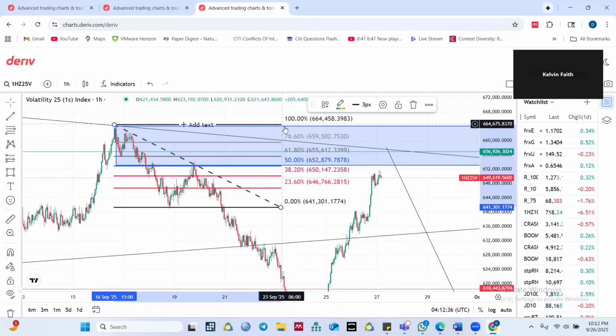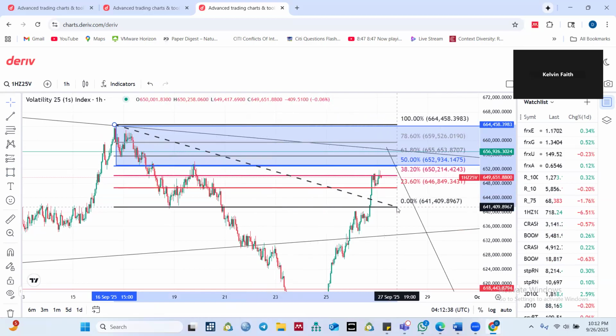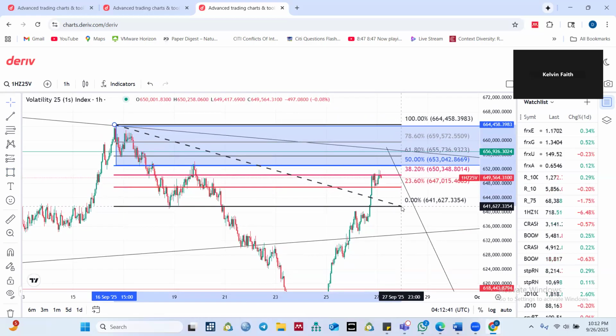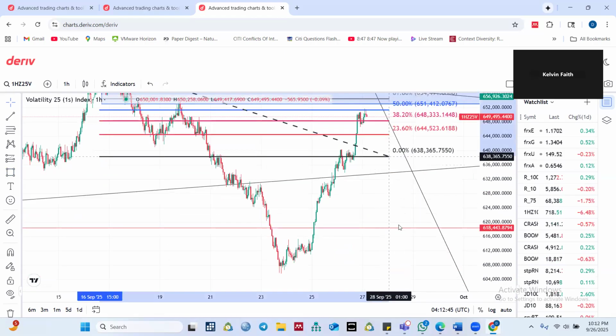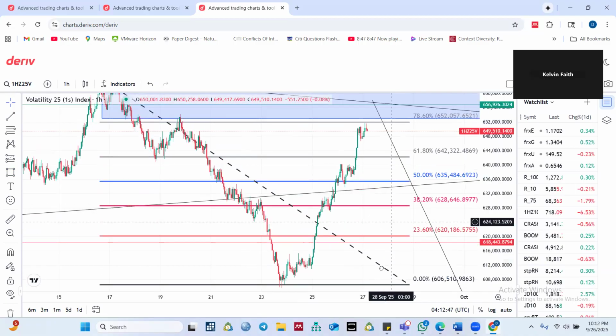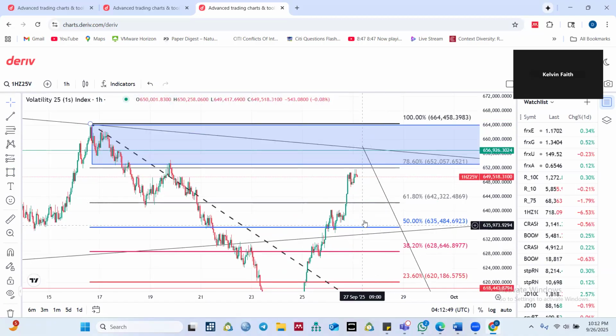Because where price is right now, we are close to the equilibrium again. If we measure from the full range, we are above equilibrium. We are in premium already.